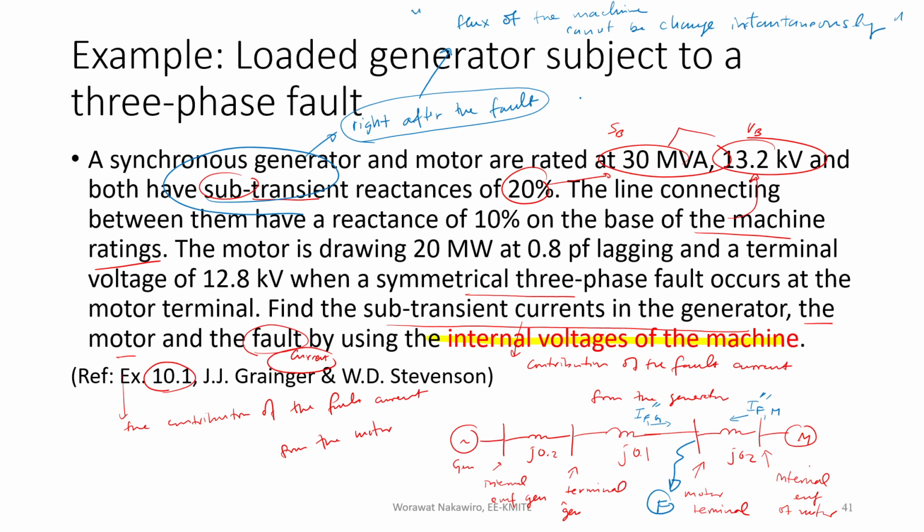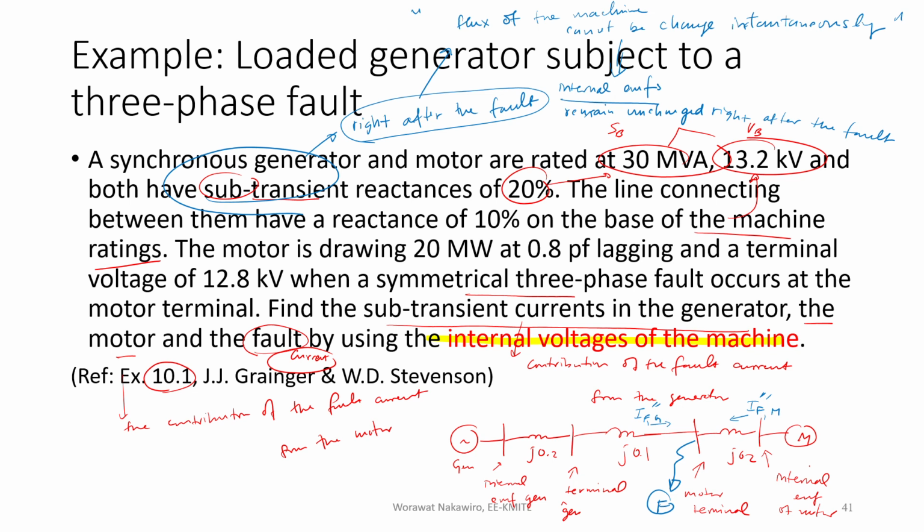That means that the internal EMF, the force that is developed by the machine, remains unchanged right after the fault. So the internal EMF remains unchanged right after the fault.